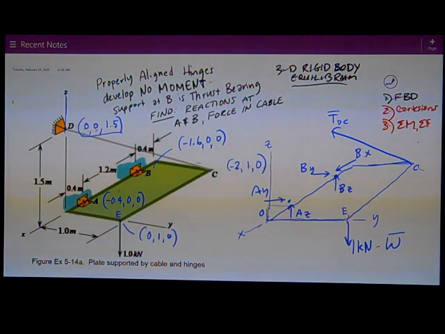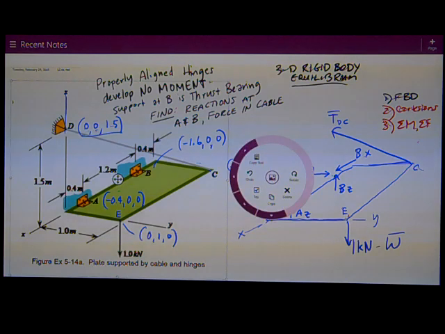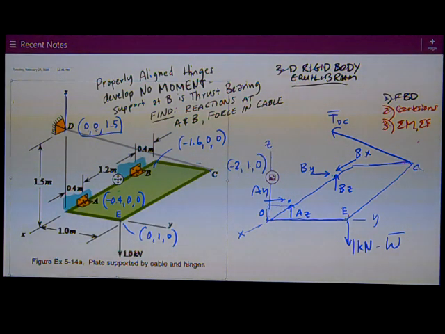So, I just need to get the coordinates of these points. In this case, all the points are dimensioned. Therefore, I need to convert those into Cartesian 3-dimensional coordinates. Starting at D, it's at 0, 0, and 1.5 in the vertical, in the Z direction.